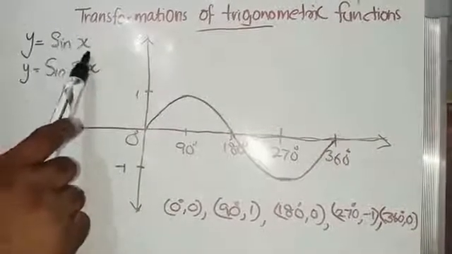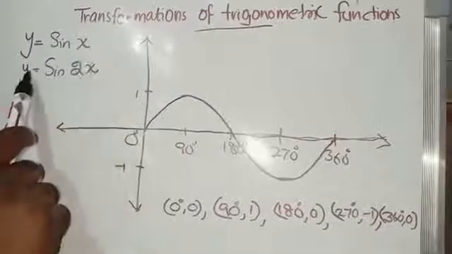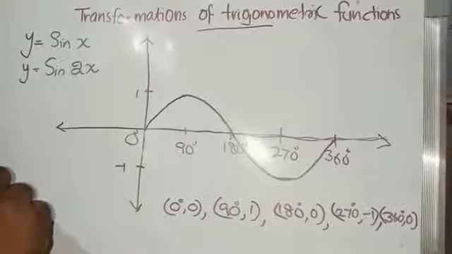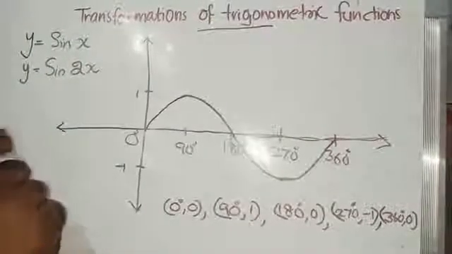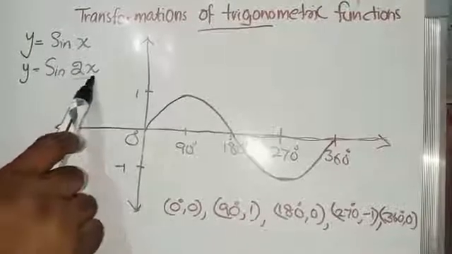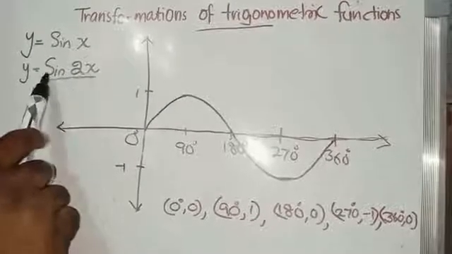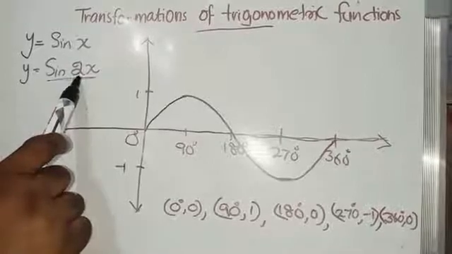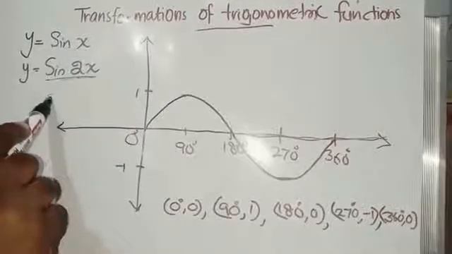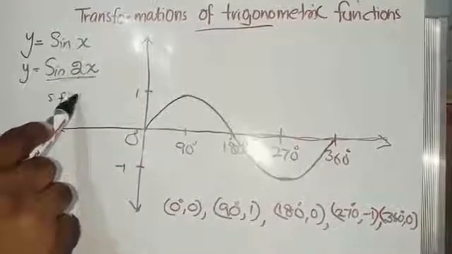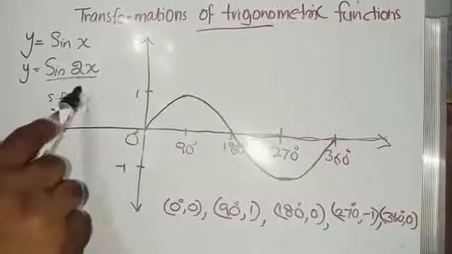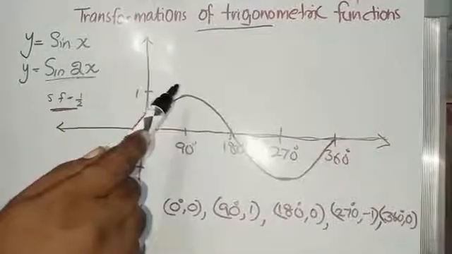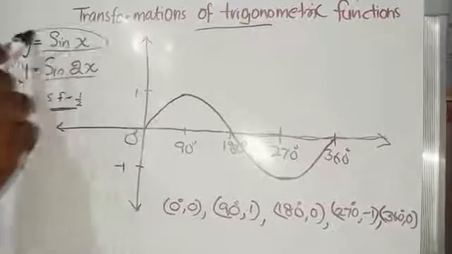y is equal to sine x transforms to y is equal to sine 2x. When you consider this question, you can find there is a stretch for this function with a stretch factor 1 by 2, as it is a horizontal stretch. I made the graph of y is equal to sine x here.